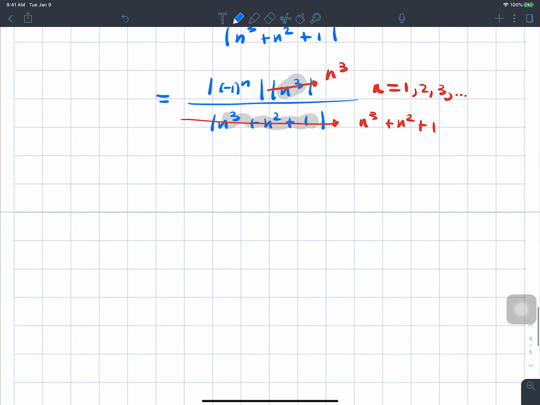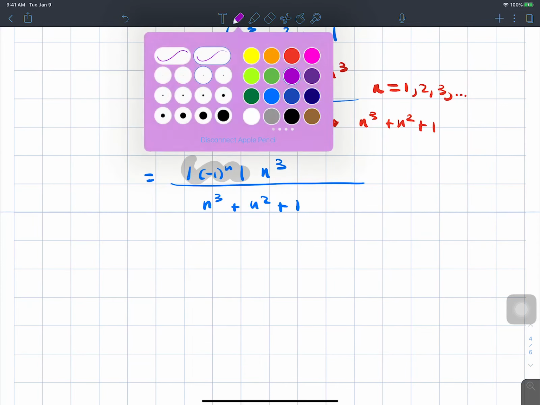So what's going to happen now is we're going to have to really consider the last portion right in here. You might say, what happens to the alternating mechanism? Well, this is what's going to happen to that alternating mechanism.